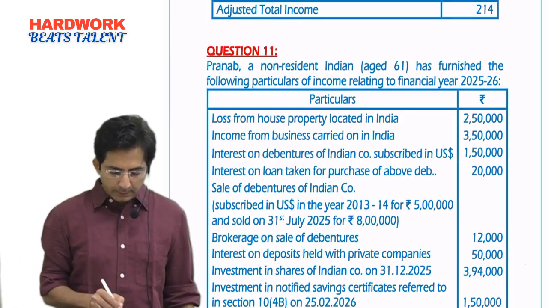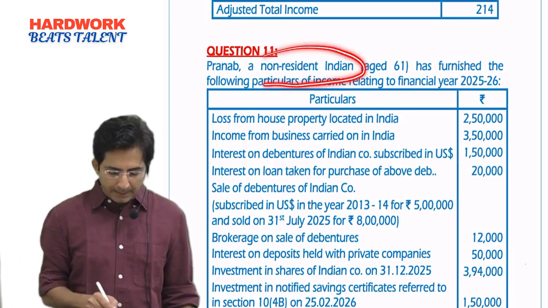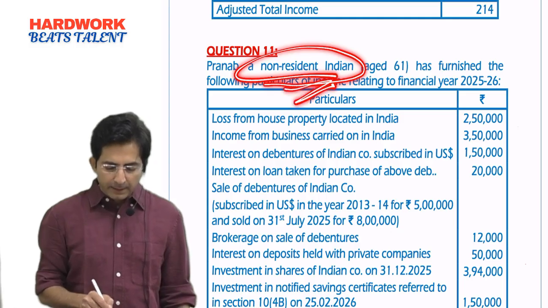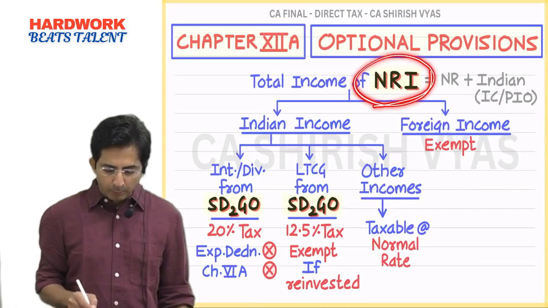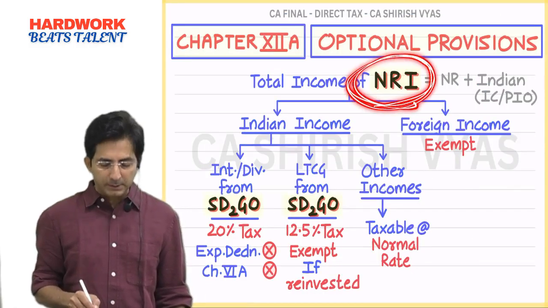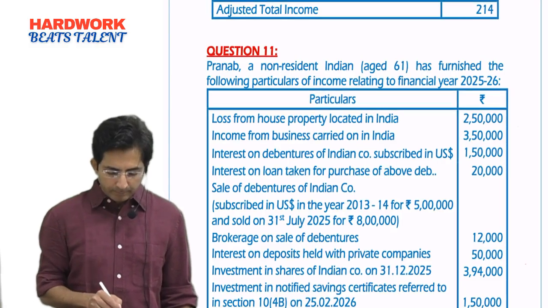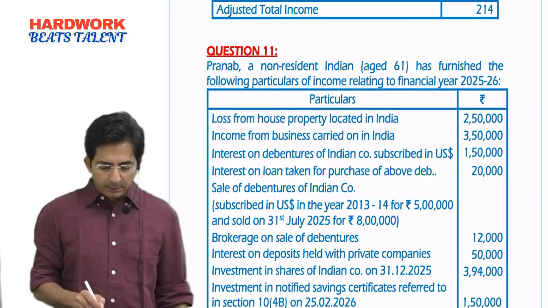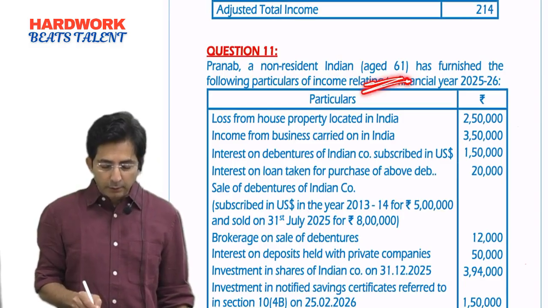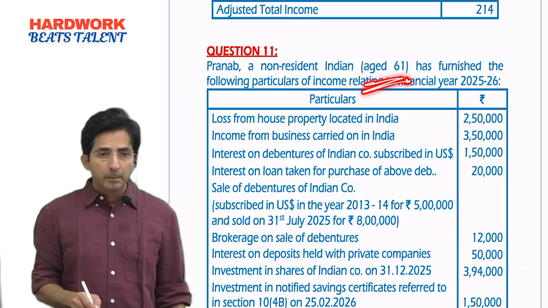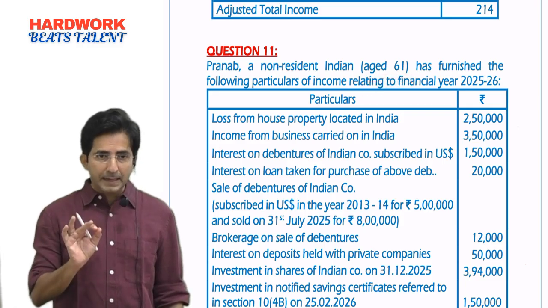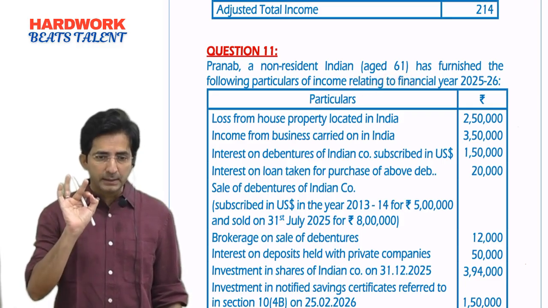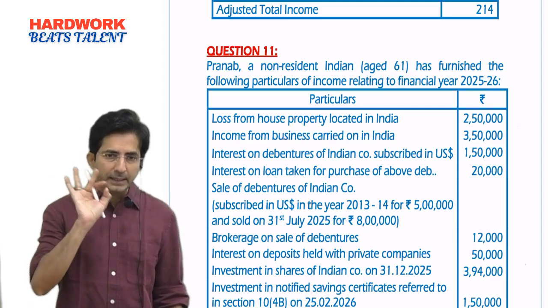See, first in the question they had given is NRI, and he has to be NRI because chapter 12A is applicable only to NRI, non-resident plus Indian. So they have given that he is NRI. And what is the age? 61 years. Now 61 years, generally you will feel he is a senior citizen. But in income tax, the tag of senior citizen is allowed only to a resident assessee.